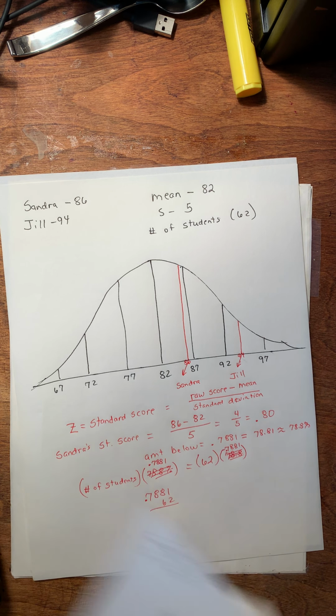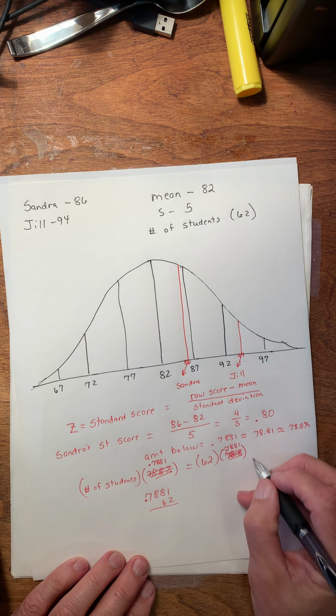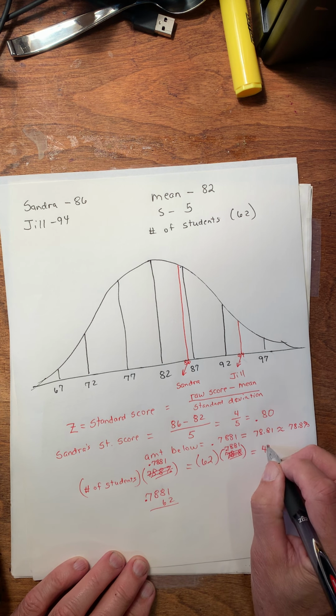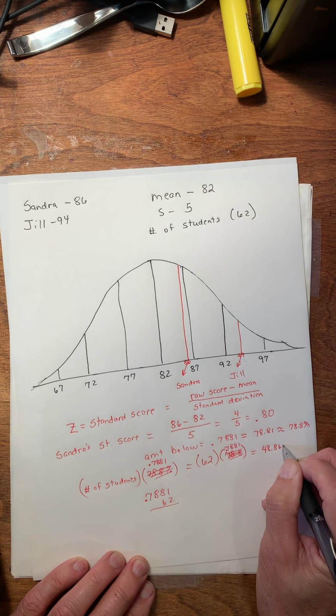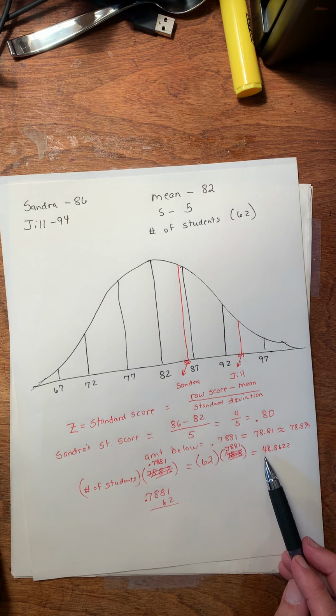Let's see what I can do here. Okay. 0.7881 times 62 gives me 48.8622.